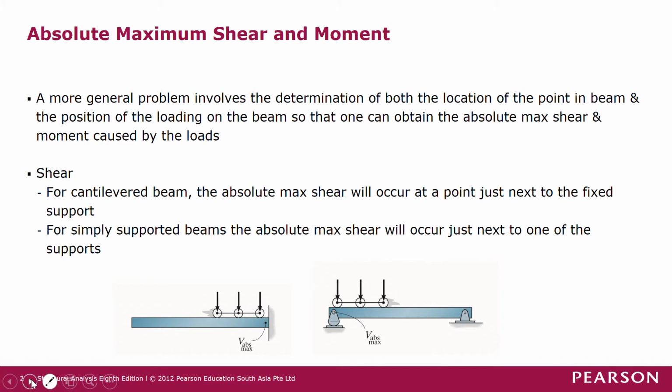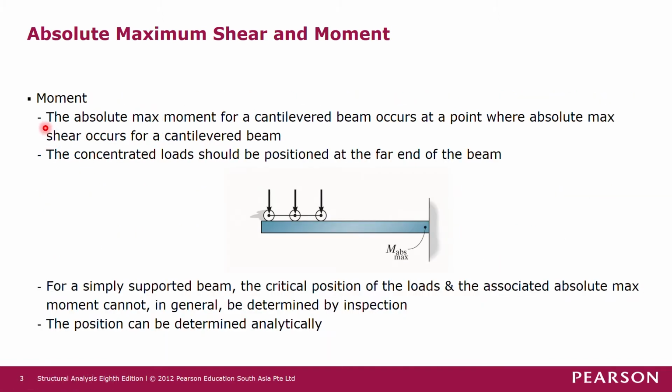For moment, the absolute maximum moment for a cantilevered beam occurs at the point where absolute maximum shear occurs for a cantilevered beam. So the point where you found the maximum shear is the place that you will find the absolute maximum moment. But in this case, you have to place the system of forces with the end force here at the tip of the cantilever.